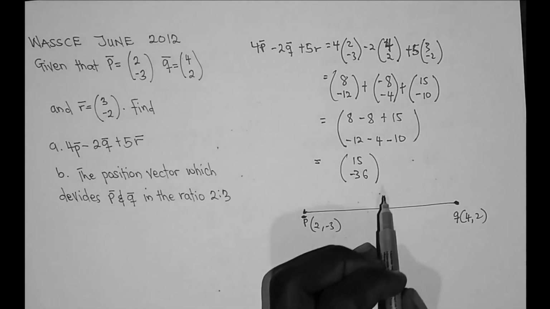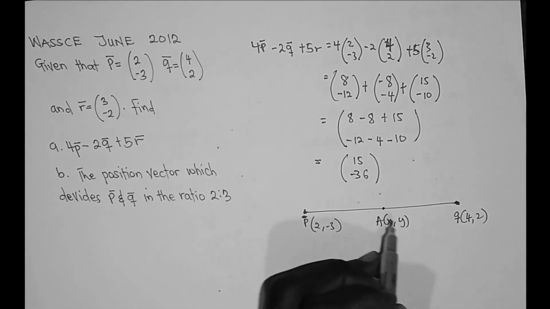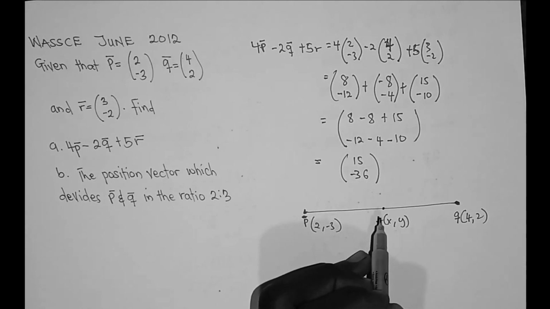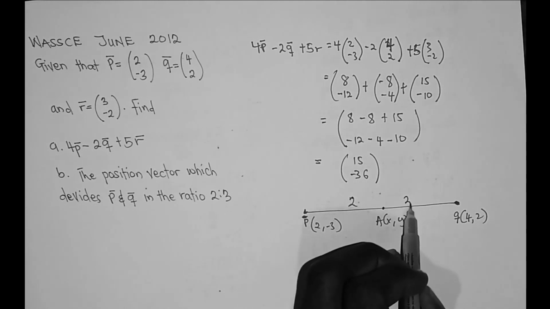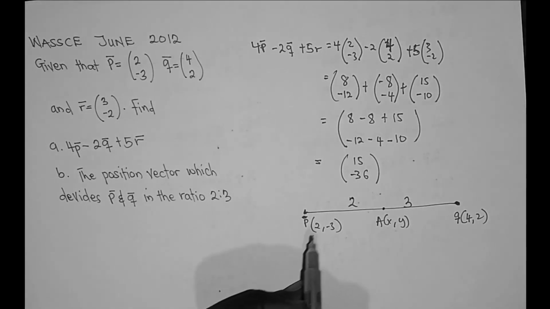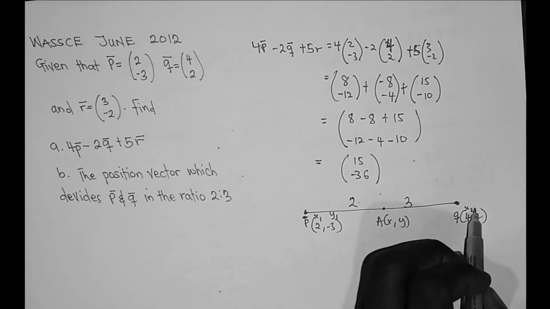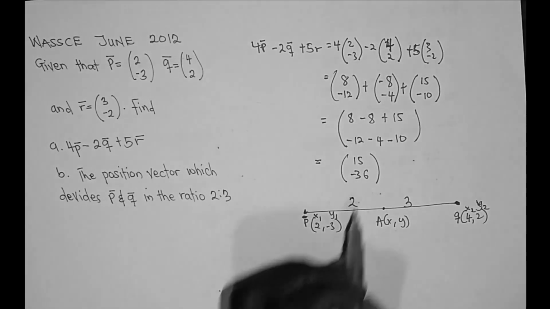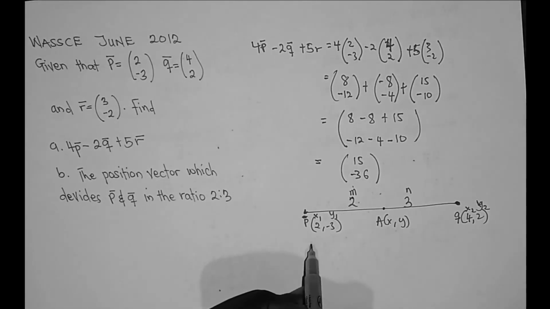So let's assume that position vector is (x, y), and it divides it in the ratio 2:3. So this is 2 and this is 3. So this is x1, y1, and this is x2, y2, and this is m, and this is n.